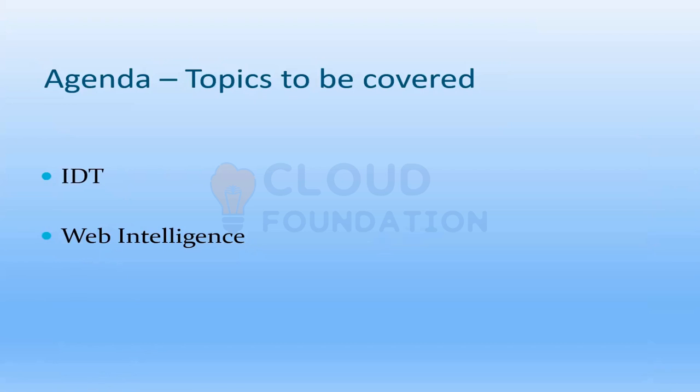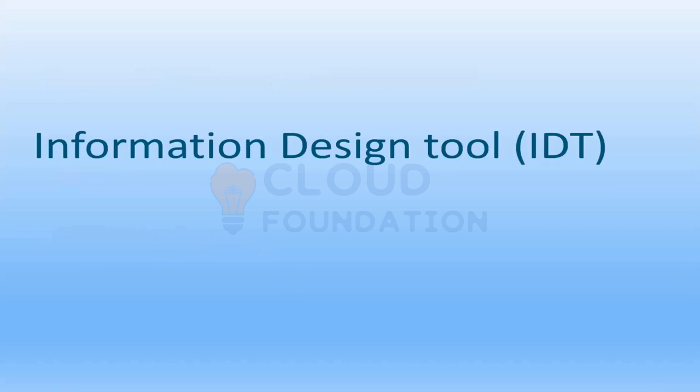We will know how the data is getting loaded, all the background knowledge. For that purpose, I'll start with Information Design Tool first, and after that we will go for Web Intelligence. Today, I'll give a quick introduction about the tools and the view.